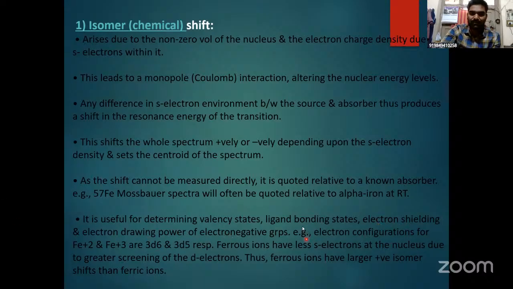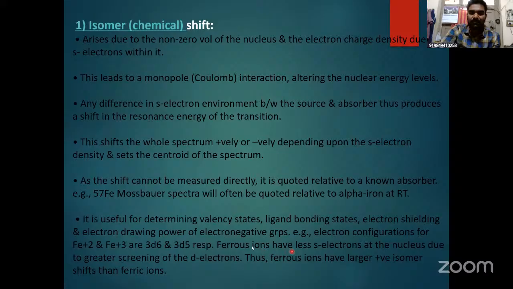Okay, so we can take an example. The electron configurations of Fe2+ and Fe3+ are 3d6 and 3d5 respectively. For Fe2+, that is 3d6, and for Fe3+, that is 3d5.